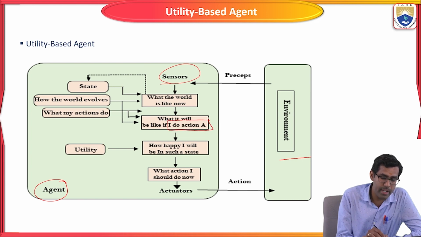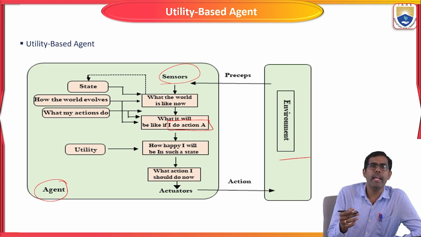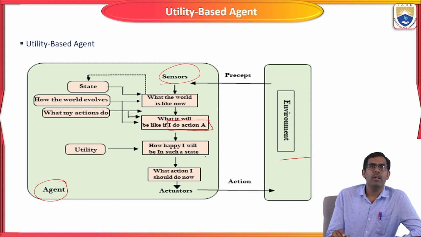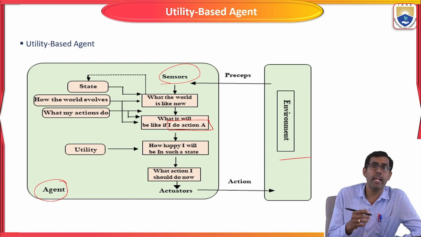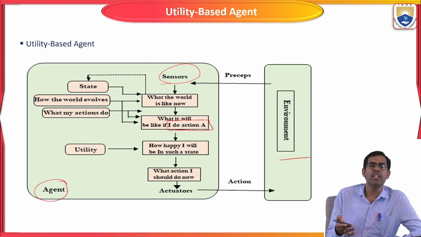So what is the goal based part? We are going to take some action from the different options. If I am taking action A, how happy will I be in such a state? If I am choosing by car, otherwise by train, or a bus, or a flight, in that particular state, how happy do I feel? I feel very happy choosing the travel mode by bus, right?